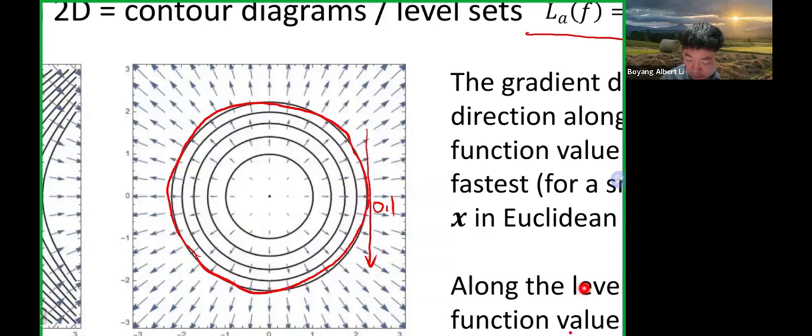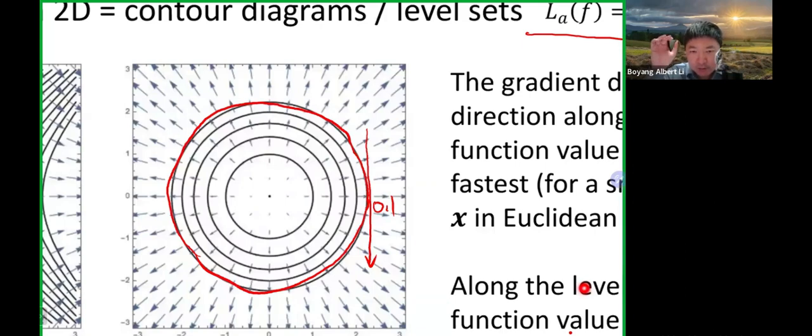So from here, if I move a tiny bit, an infinitesimal amount along the tangent direction, then my function value really shouldn't change, right? Because everything on the level set, on the great circle, should have the same function value. So if I move along this tangent direction for an infinitesimally small amount, then I don't change my function value.